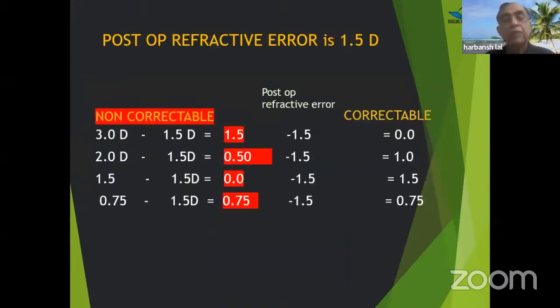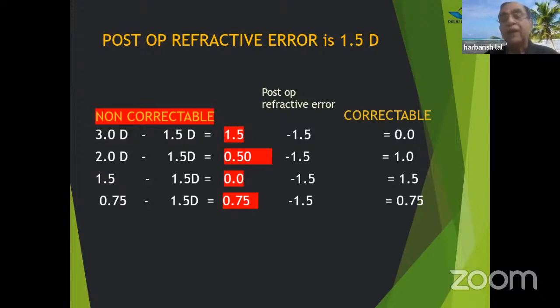In the same example, the non-correctable component was 1.5 in the first patient and the post-op refractive error was 1.5. That means there is no correctable error. The patient has to live with it because the lens was supposed to correct 1.5 and it has corrected 1.5. Realignment will not work. In the second case, the non-correctable was 0.5 and the post-op refractive error was 1.5.